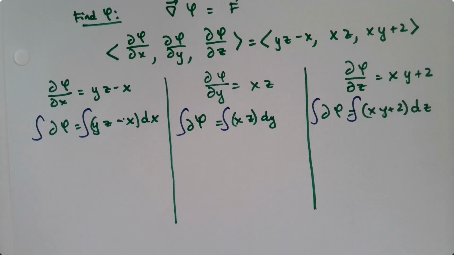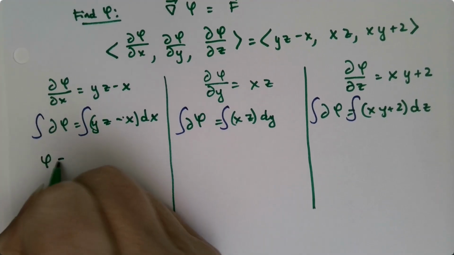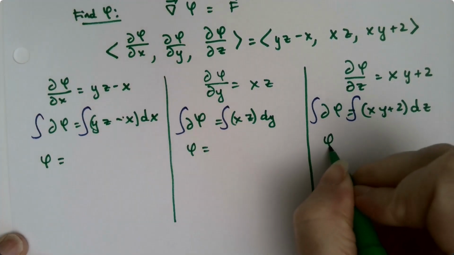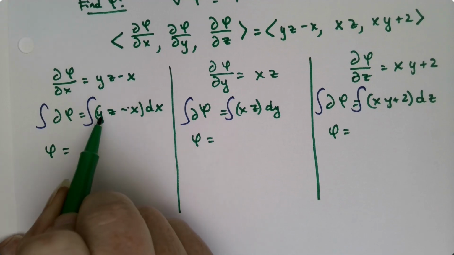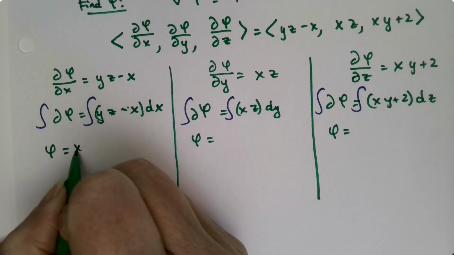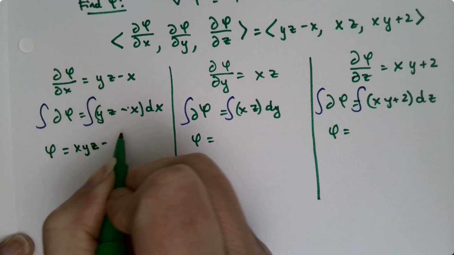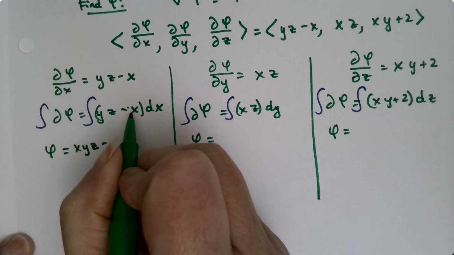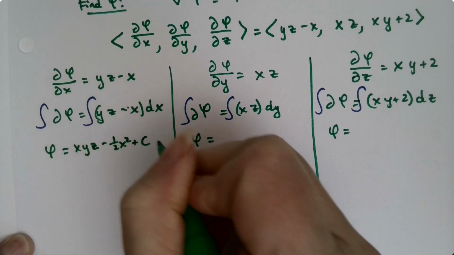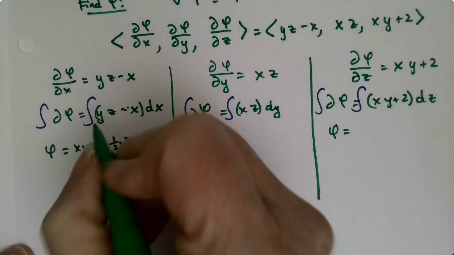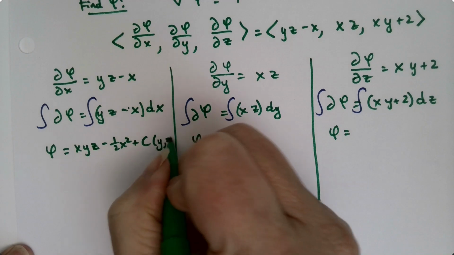Okay, so when we integrate, we get phi, right? So all of these are going to be pieces of phi. So I'm going to integrate this with respect to x. That would be xyz minus 1/2 x squared plus some function of the two variables I didn't use, which were y and z.